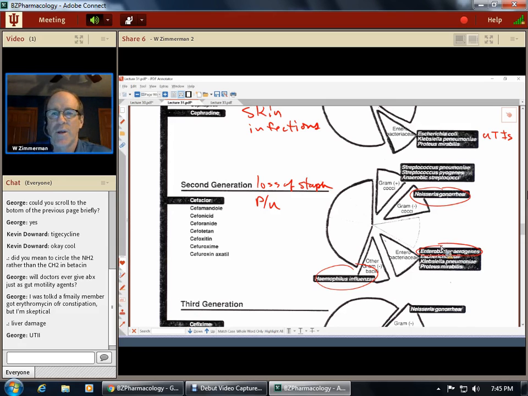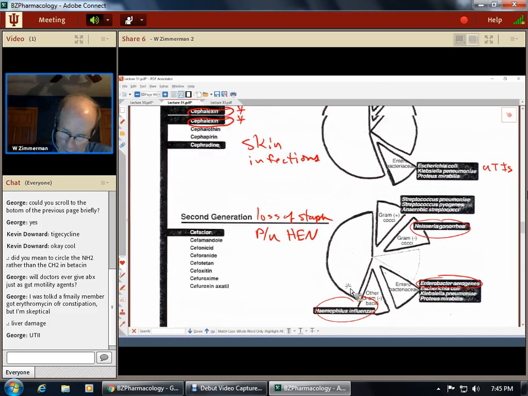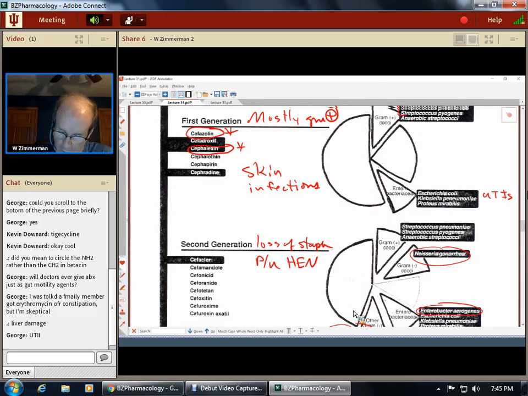So one of the ways that people can think about this is we picked up HEN. And if you go back up above there, what do we have? We have Proteus, E. coli, and Klebsiella. We can think of this as PEcK.